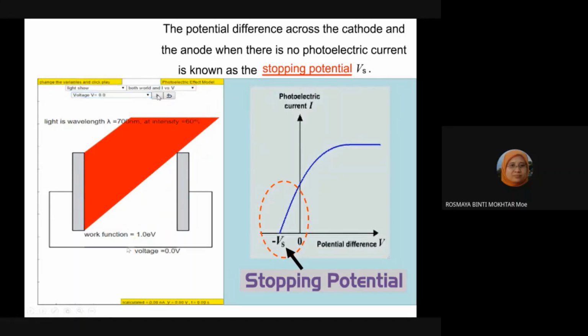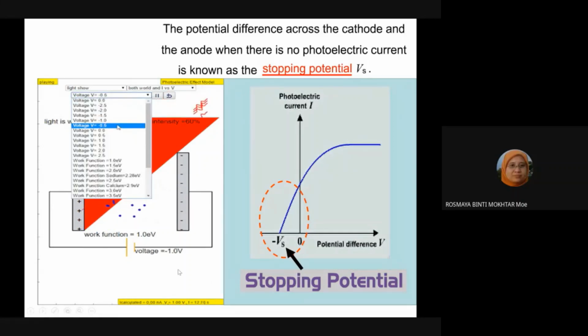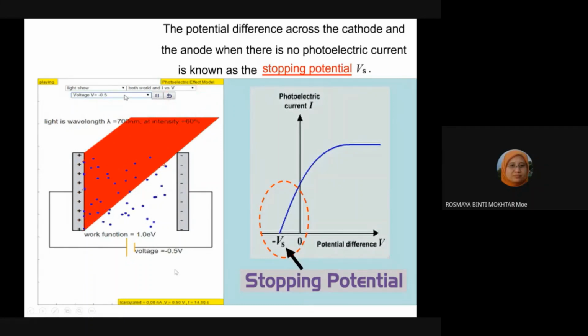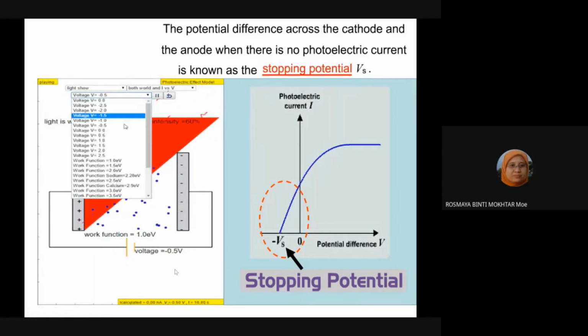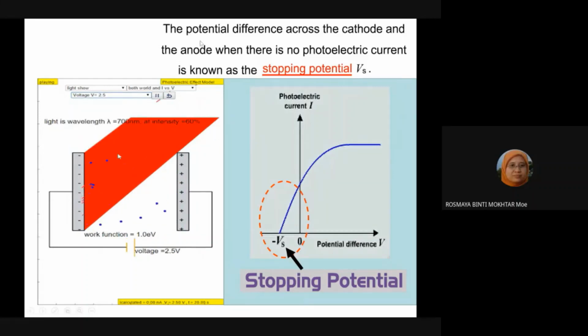Now we make it negative, and no more current can flow. This animation is very fast, hopefully you can understand the whole process. So the conclusion is that the potential difference across the cathode and the anode when there is no photoelectric current is known as the stopping potential.